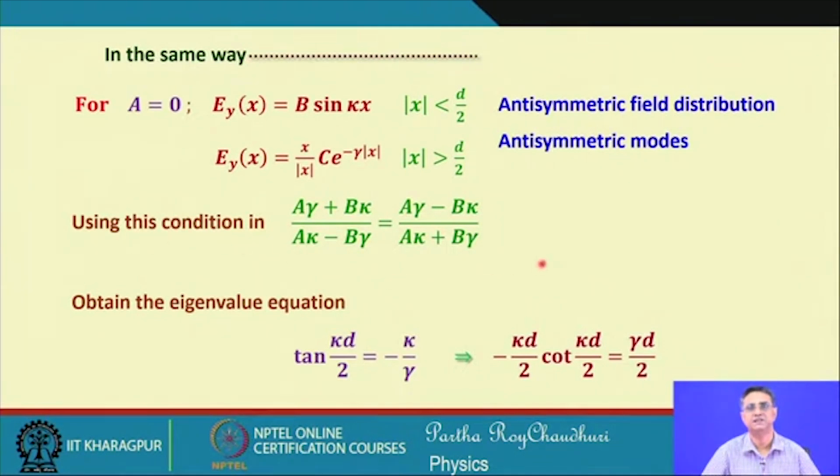Using this condition, I again from here can arrive at this condition, which will be the eigenvalue equation for the antisymmetric modes. We can actually put two of them together in one compact eigenvalue equation, which will represent both symmetric and antisymmetric modes.